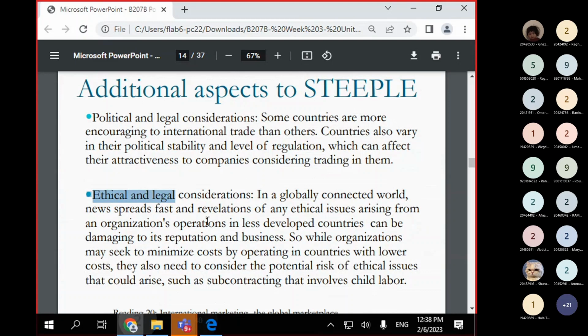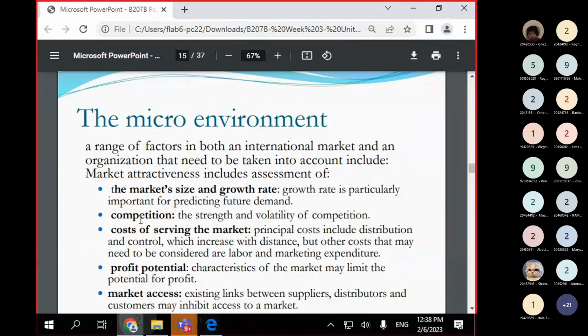This is also related to the society and the culture and how people are raised, how attached people are to their ethics. Again, these are factors for you to understand how to deal with the country that you want to operate in.